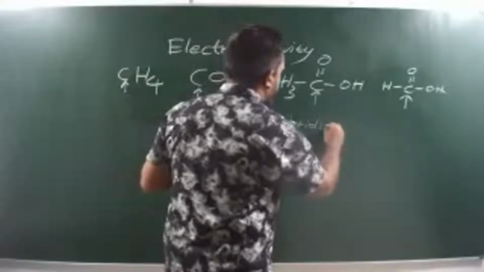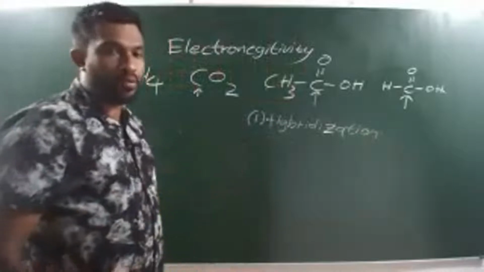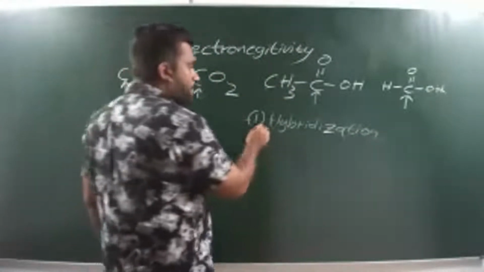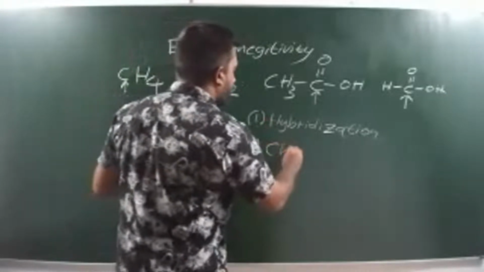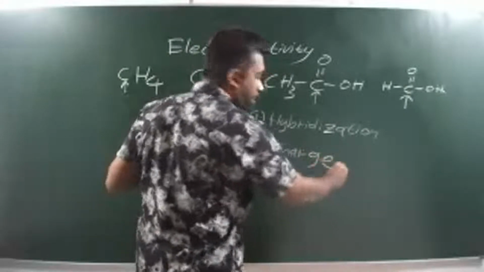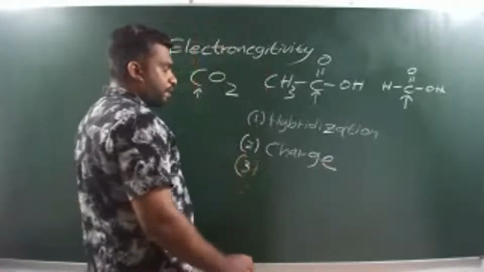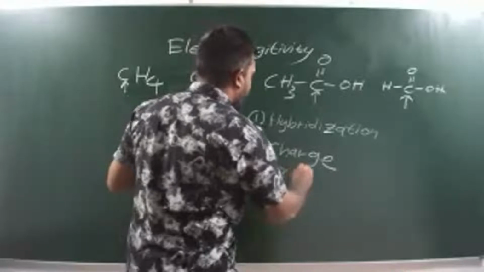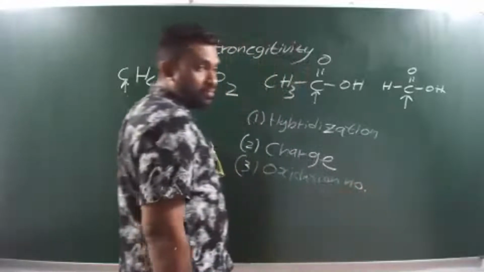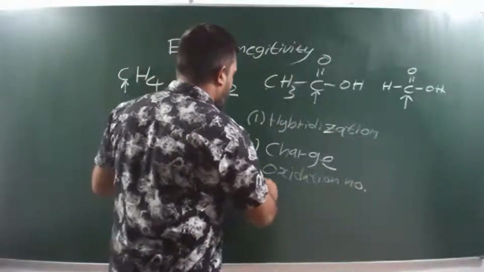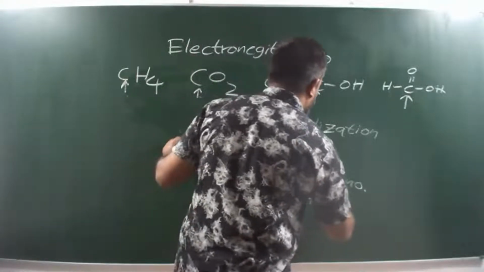By these factors, the electronegativity will vary. First factor is the hybridization. Second factor is the charge. The third factor is the oxidation number. And the fourth factor is the nature of neighboring elements.